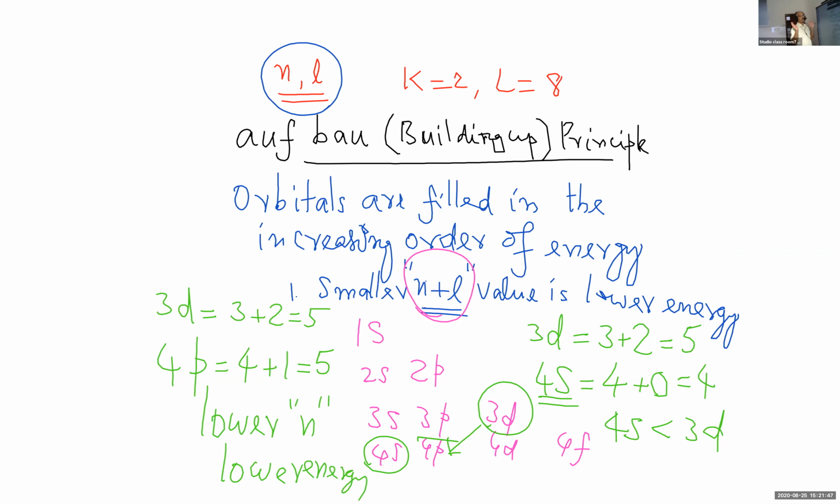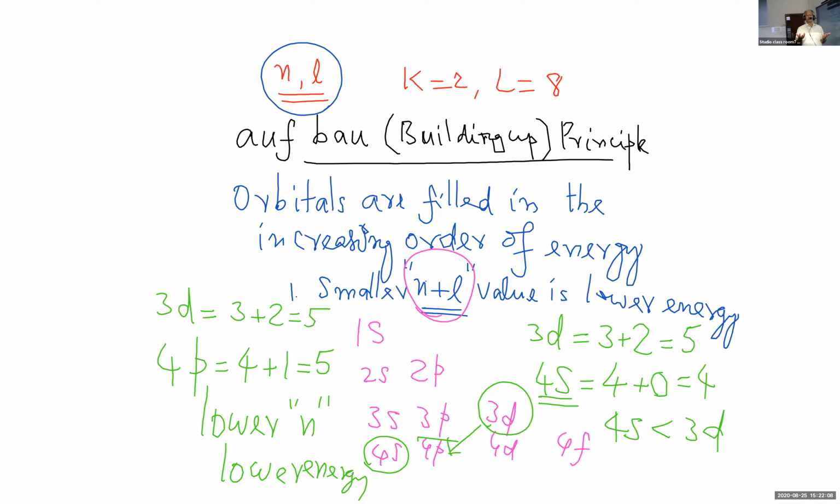You just remember two rules only to write the electronic configuration. The first one is this: the orbitals are filled in the increasing order of their energies. And how to get the energy order?